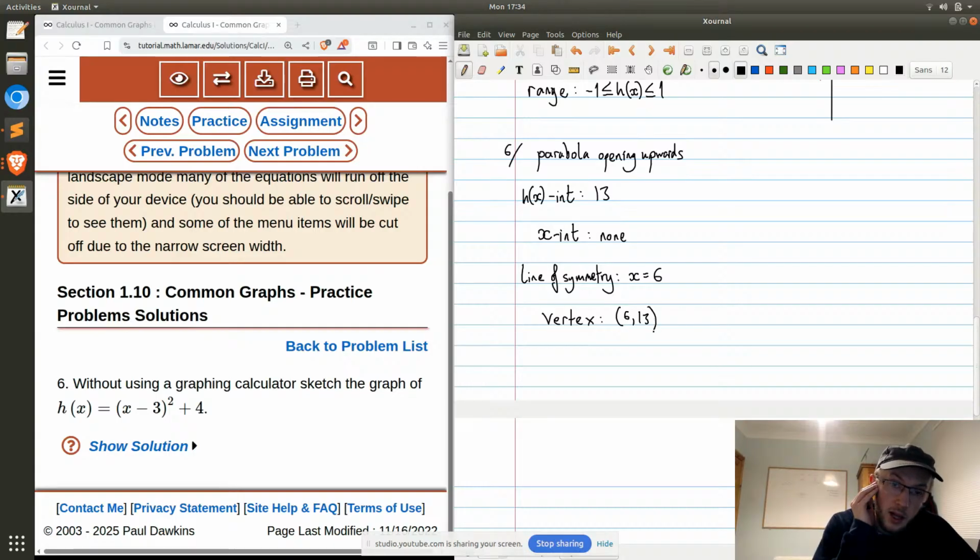Okay. Just one problem. How can you have a vertex that's at the same height as the y-intercept or vertical axis intercept? Square it out, you get 9, you have to add 4, and you get 13. Right?